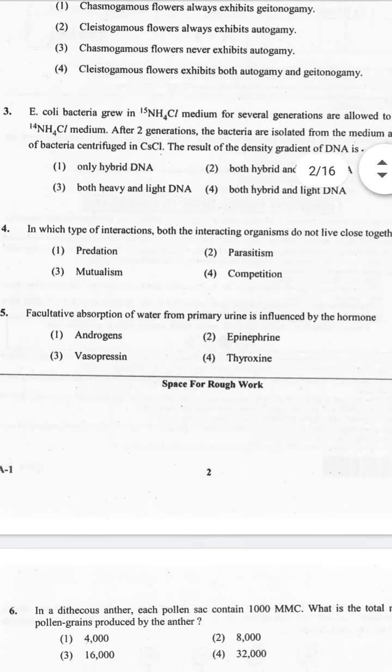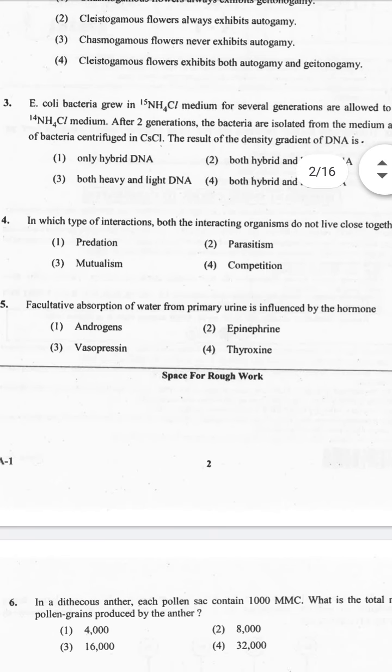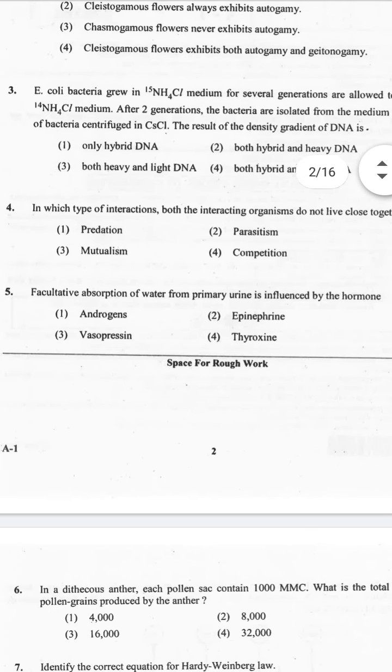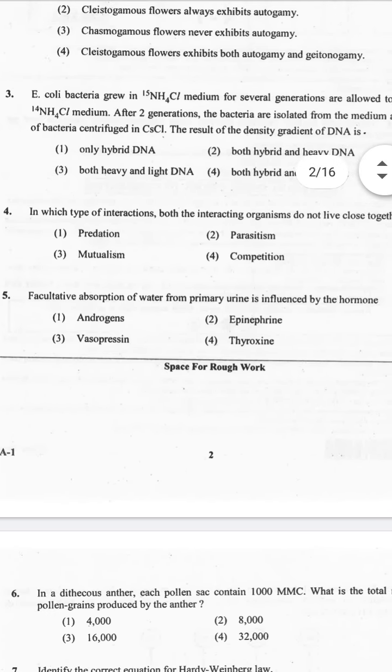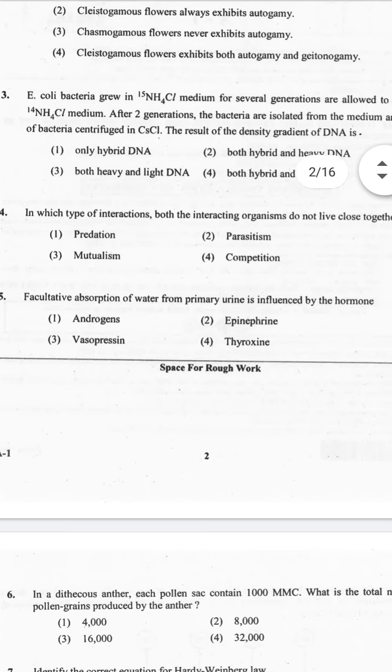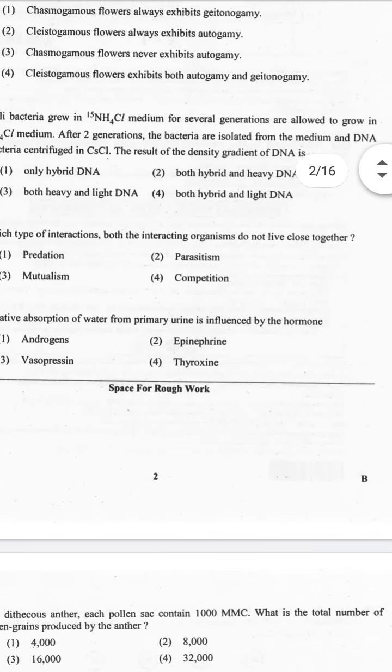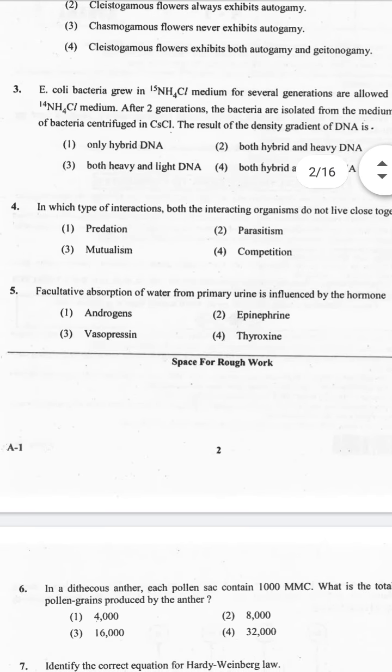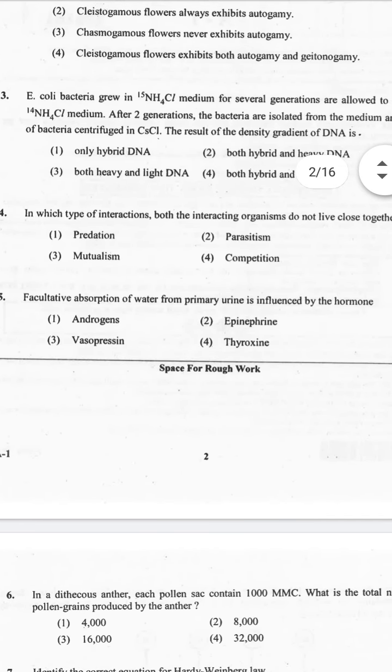E. coli bacteria grown in 15NH4Cl medium for several generations are allowed to grow in 14NH4Cl medium. After 2 generations, the bacteria are isolated from the medium and the DNA of the bacteria is centrifuged in CsCl.